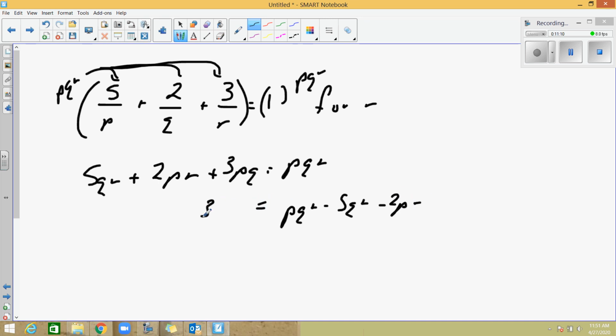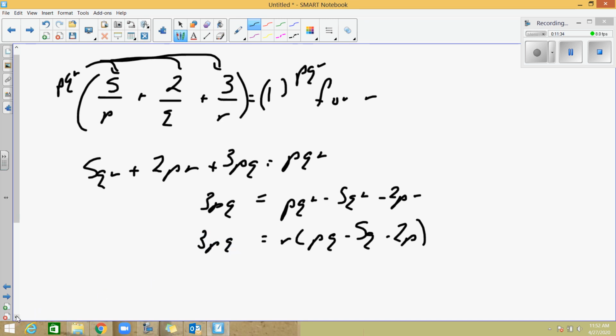And now I've got that 3pq over here. So now I'm going to take r and factor it out, which leaves me pq minus 5q minus 2p. None of these combine, which is fine. 3pq is on this side.